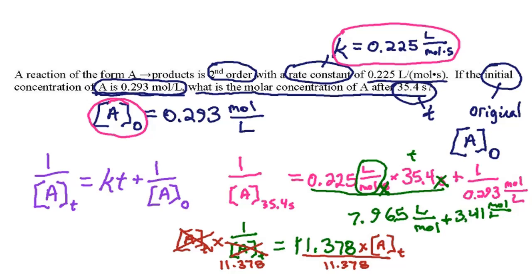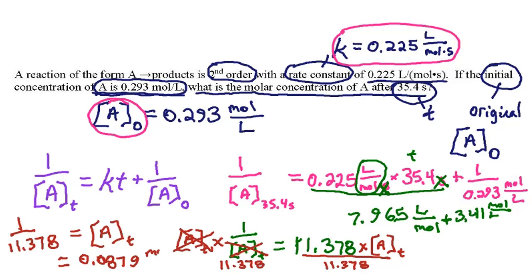So now we have 1 over 11.378 equals the concentration of A at the end of the time. So all we have to do is type into our calculators 1 divided by 11.378, and that gives us 0.0879 moles per liter is going to be the concentration of A at the end of the time.